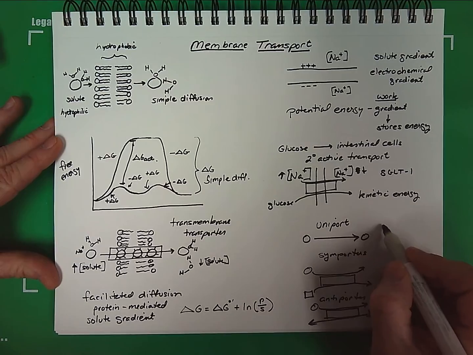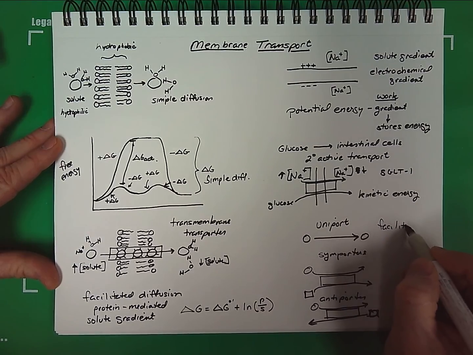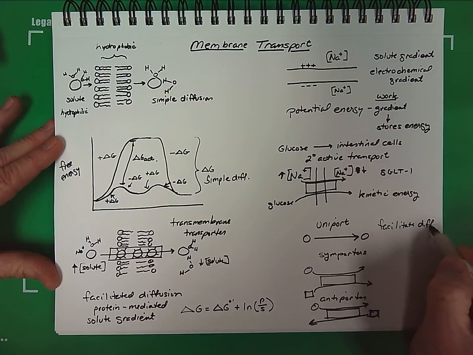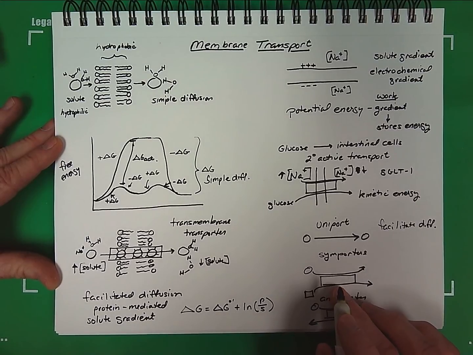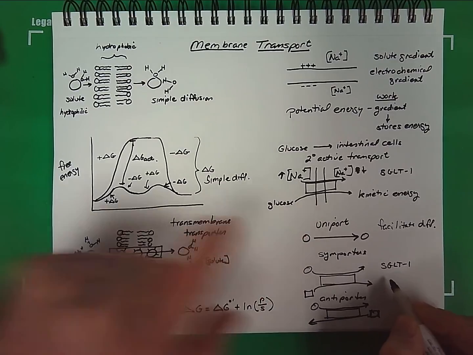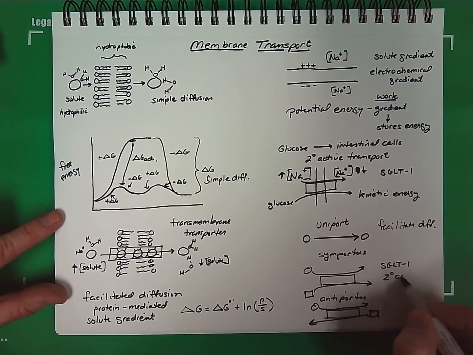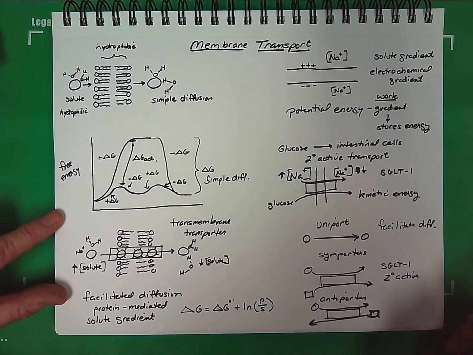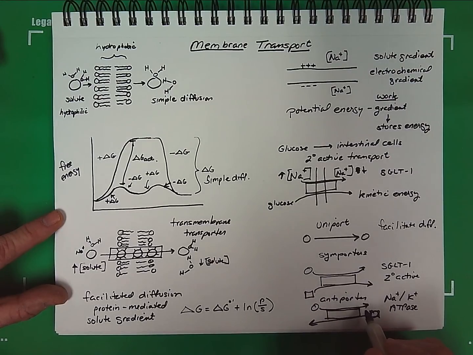Examples for these: uniport is typically facilitated diffusion. Symporters, a good example of this is our SGLT1. This is typically a secondary active transporter. And an antiporter is, as we have seen, a sodium-potassium ATPase. This particular transporter uses the hydrolysis of ATP to drive sodium and potassium in opposite directions and establish a gradient.